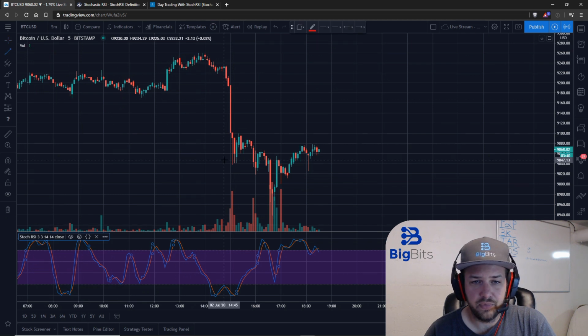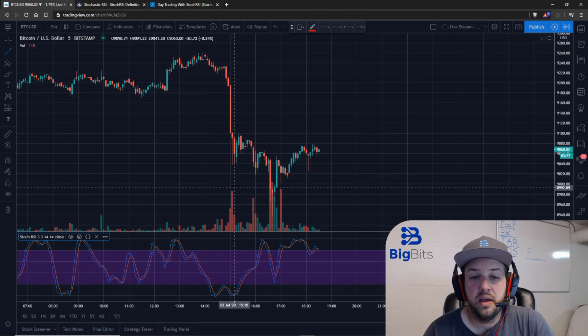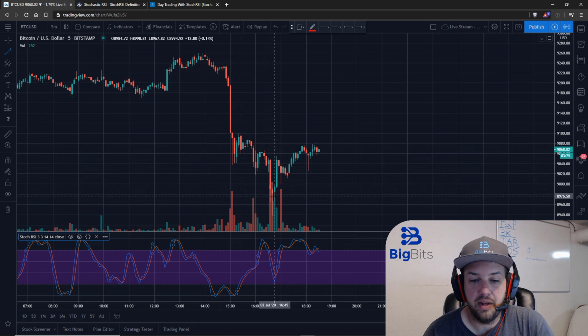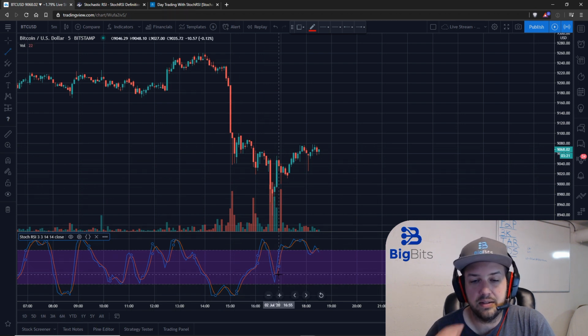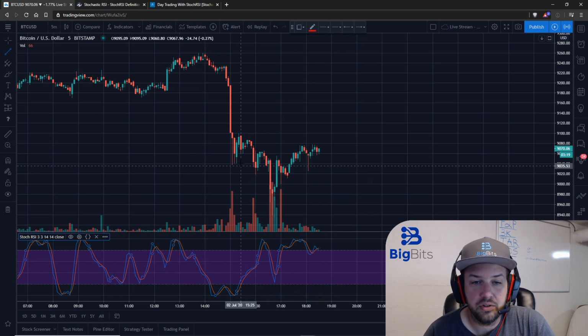Here on the chart, you can see that the price dipped down quickly here, and the stochastic RSI flatlined at 0, which means it was averaging 0 for many candles in a row. And then the price continued to go down, but the stochastic RSI never came all the way back down. This is due to a divergence.